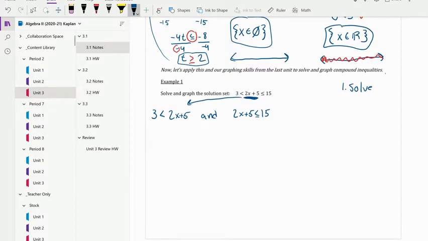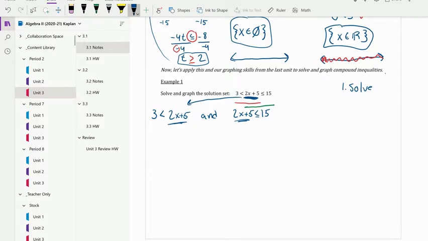That middle piece belongs with both, because if you're thinking about this as two inequalities, there's one, and here's your other one, right? So it's two different inequalities, and we break it down just like that. And then we can solve these just like we solved the ones above. So let's go ahead and do that.